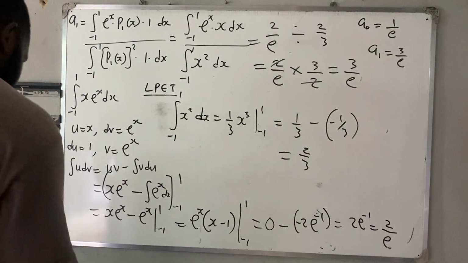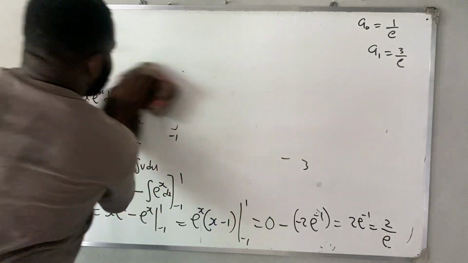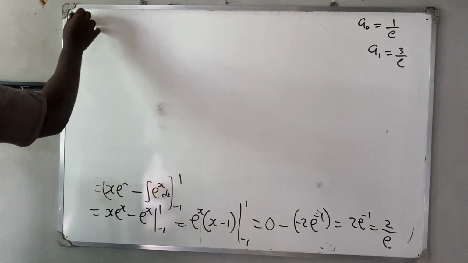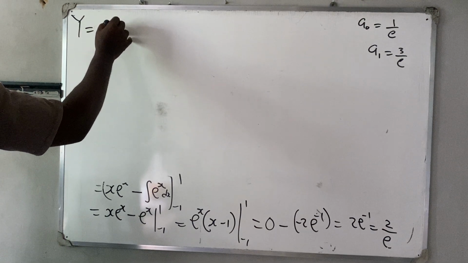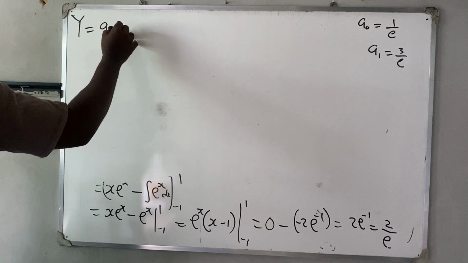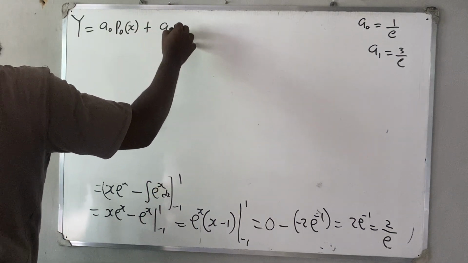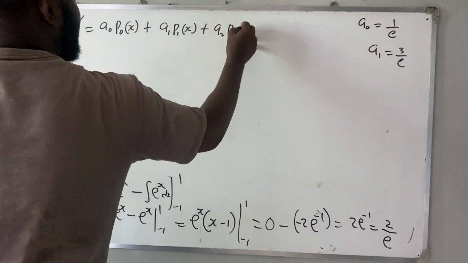So the expansion we are looking for, the approximation, which is our y, will now be equal to a naught p naught of x plus a1 p1 of x plus a2 p2 of x.